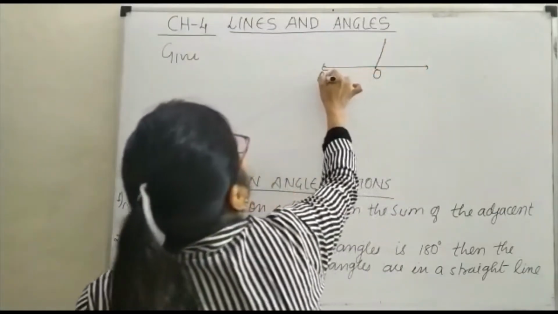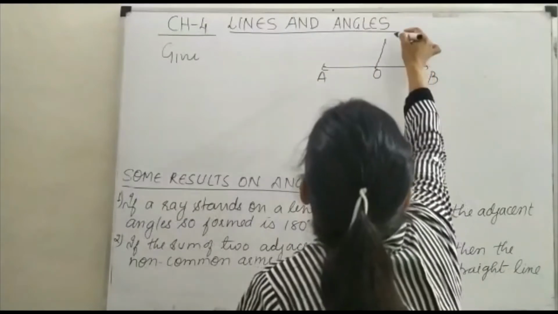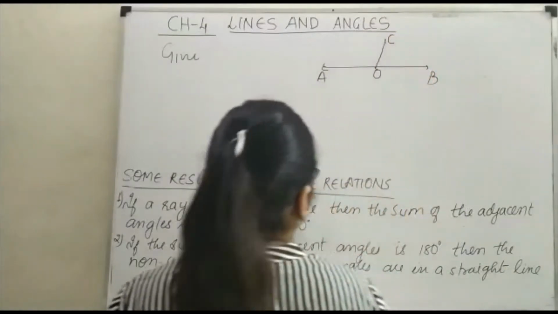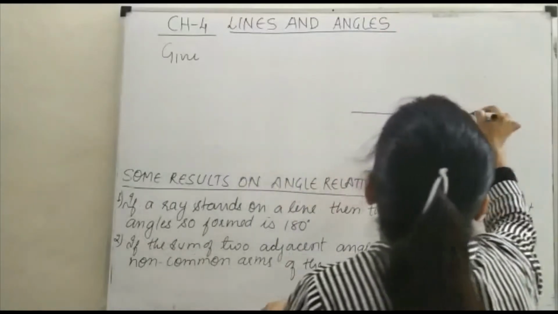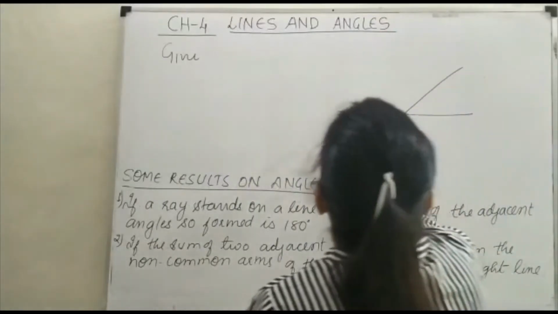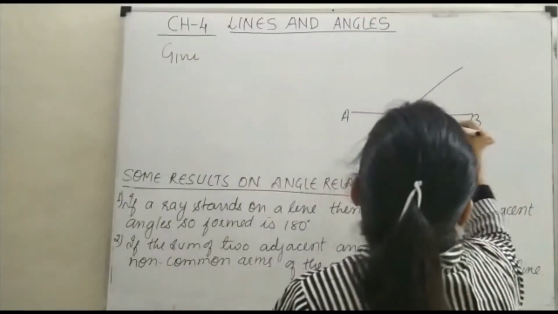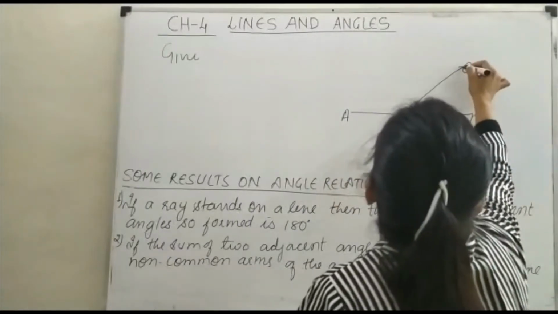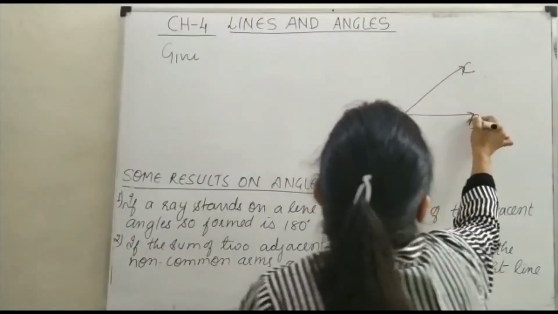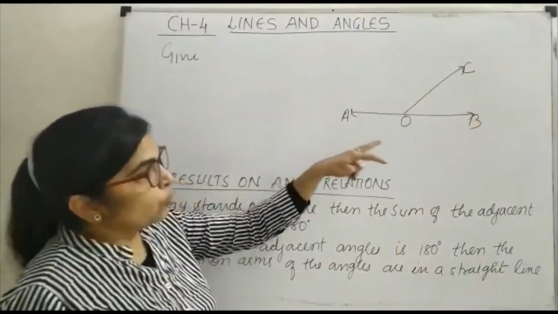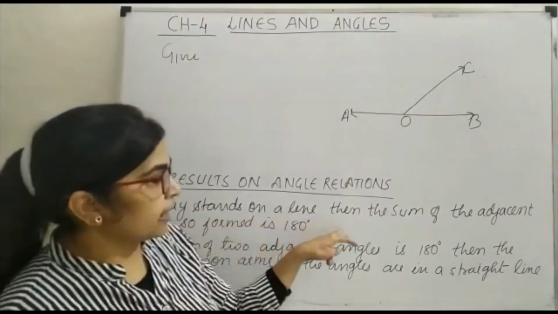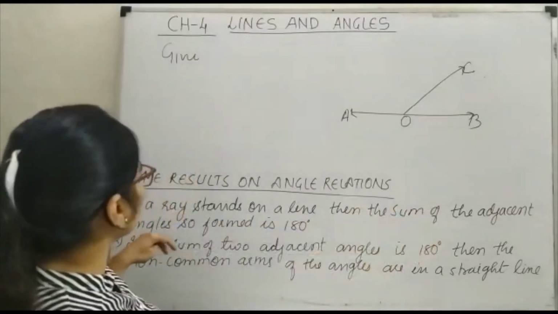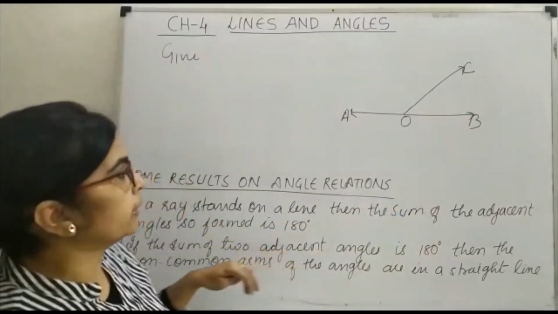Suppose this is A, this is B, this is O and this is C. You can see here AOB is a line and this ray OC stands on the line. Then the sum of the adjacent angles so formed is 180.